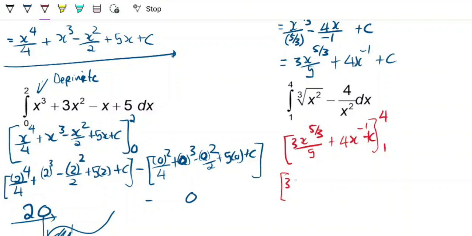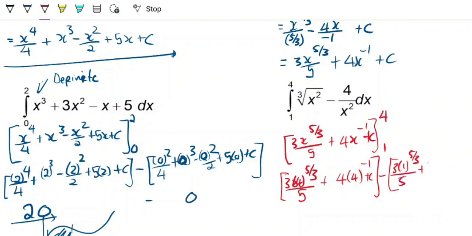This means this will be 3, you substitute 4 to the 5 over 3 over 5 plus 4 to the minus 1, plus c, the c's will cancel out, and then you've got 3 to the 1, 5 over 3 over 5, plus 4 times 1 to the negative 1 plus c.